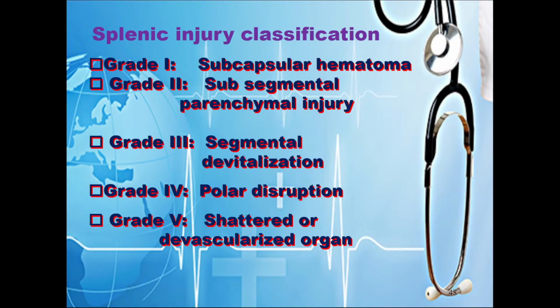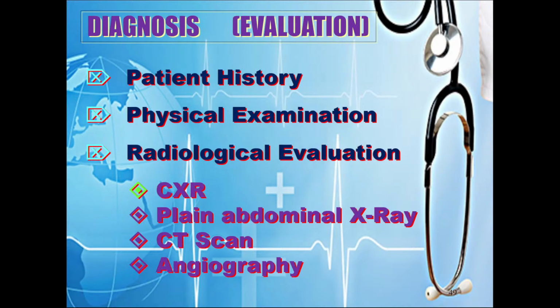Of course, all this classification is very important. What do we need to do to evaluate the patient properly and make the proper diagnosis? First of all, we need to take a history of this patient.